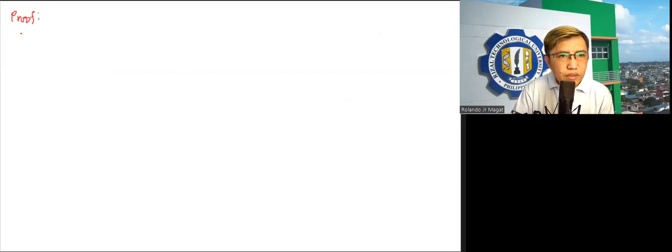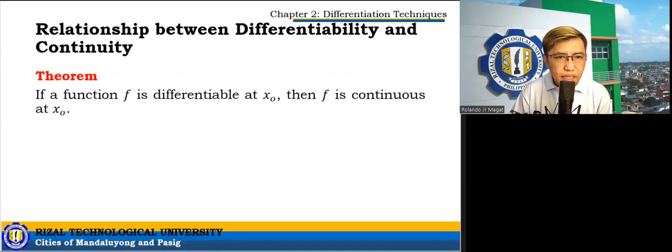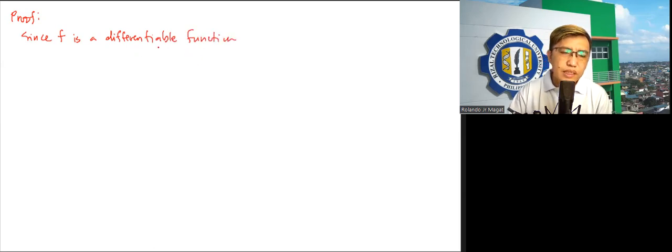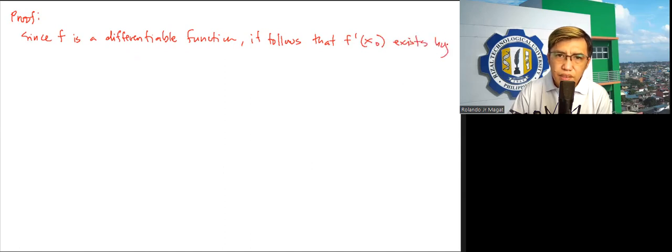So first, we know that it said there that f is a differentiable function. So since f is a differentiable function, it follows that f prime of x naught exists, by definition.